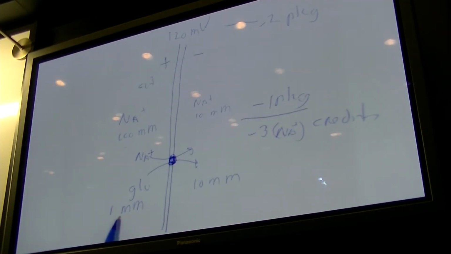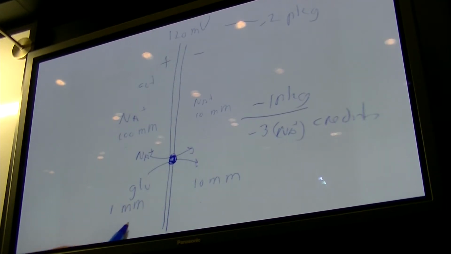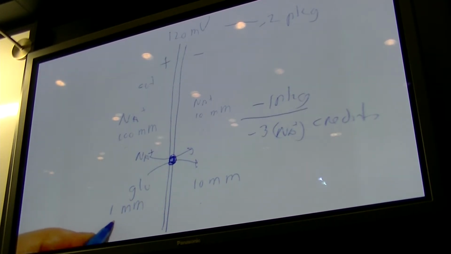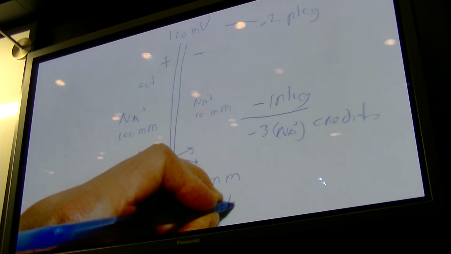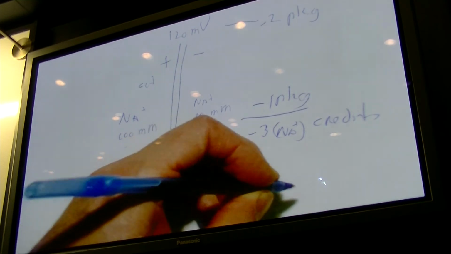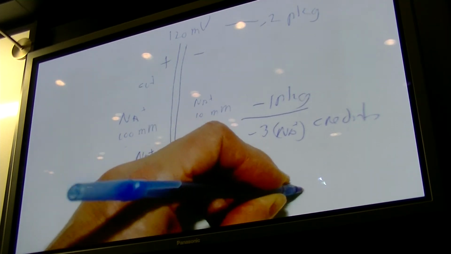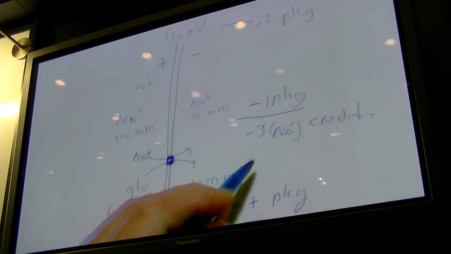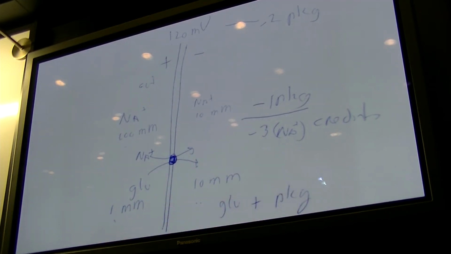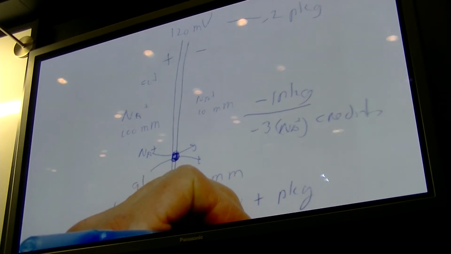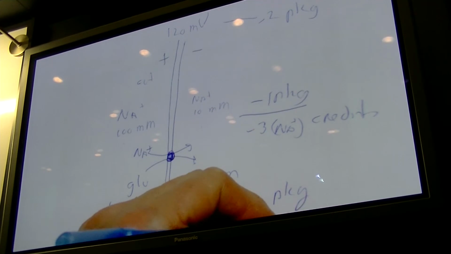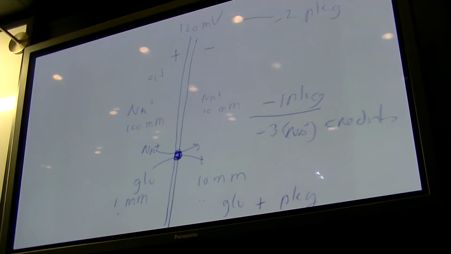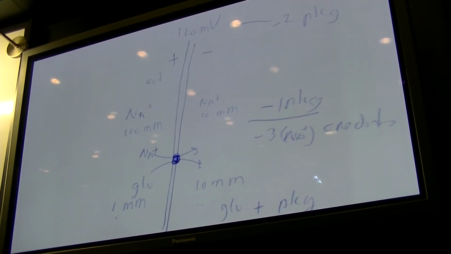So for the glucose, all we need to pay is we're going up from 1 to 10, so 10-fold concentration. For the glucose, we have to pay +1 package. So the net outcome of this is we have -3 we get for the sodium, +1 package for the glucose. We actually have -2 left. We have far more energy in the system to drive the glucose in.